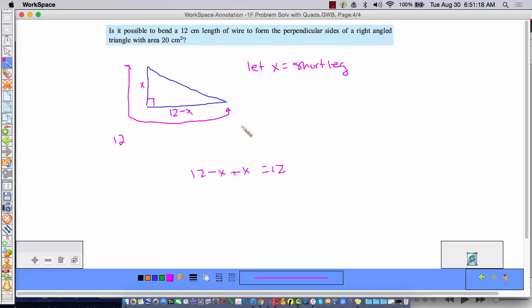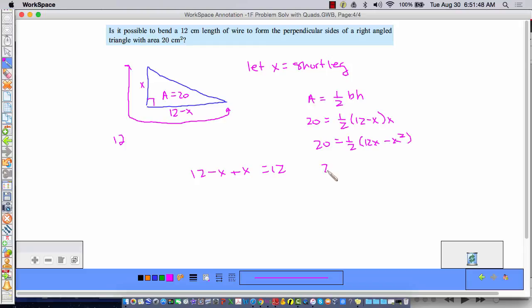Think about it. If I take 12 minus x plus x, I get 12, which is the total length of the wire. Now the area, we are told, is equal to 20, and area of a triangle is equal to 1/2 the base times the height. So then I know that 20 is equal to 1/2 times 12 minus x times the height, x. I'm going to distribute the x first, and I'll get 12x minus x squared.